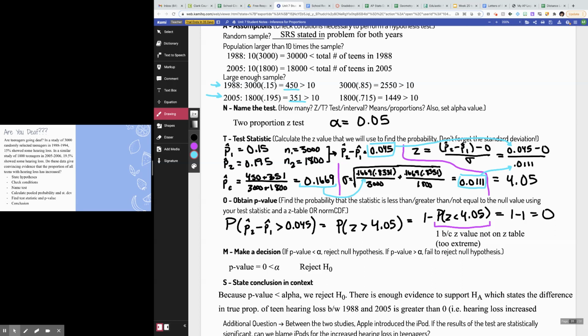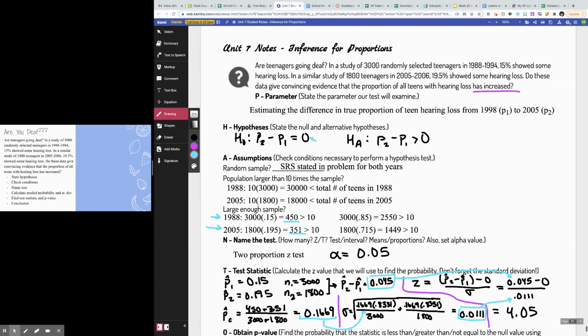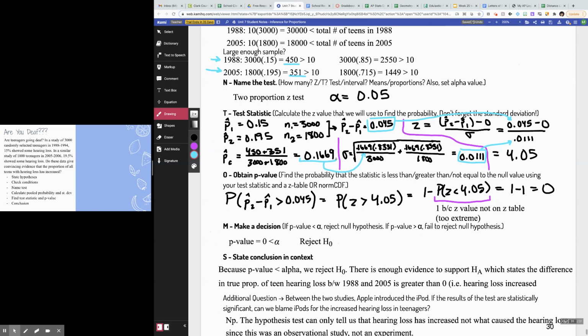So my test statistic is 0.045 minus 0, right? Remember, that's your parameter, because that's what shows up here, right? That's your parameter, okay? And then divided by 0.0111, and I got that my z-score, my test statistic, is 4.05, okay?